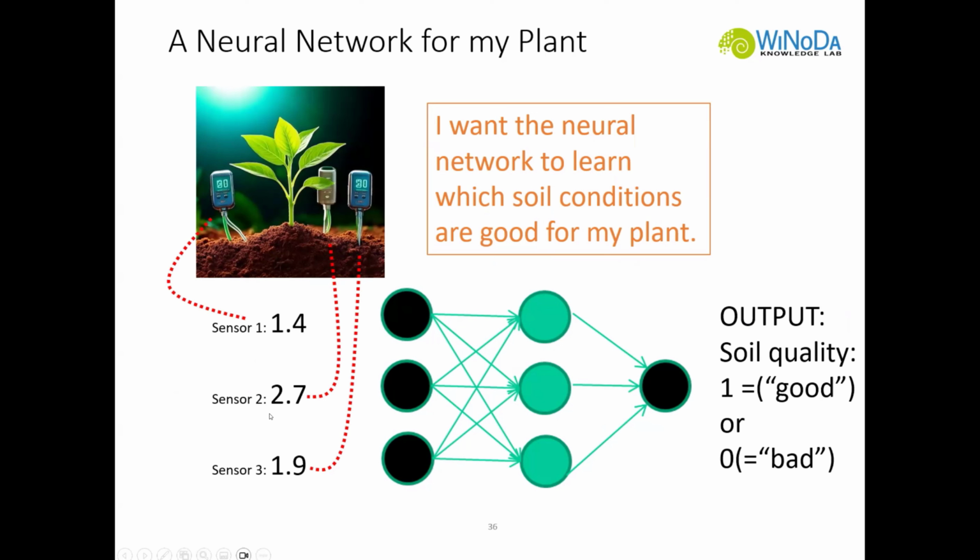This sensor spits out the number 2.7, and this sensor spits out the number 1.9. And then I know, because I see that from my plant, oh, cool. With these 3 values here, actually, it was a good day for the plant. Soil quality was good. Or, wow, the plant really didn't like it. So I know it was a bad day for the plant. So I have a class, right? This thing here is a 1 or a 0.